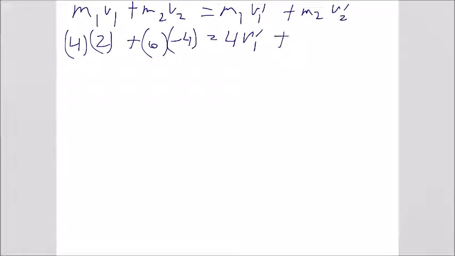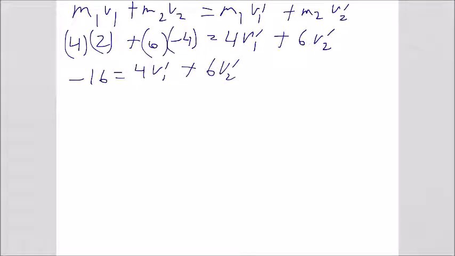The second mass was 6, and again we don't know its final velocity. So let's simplify this down a bit. 4 times 2 is going to give us 8. 6 times negative 4 is going to give us negative 24. So that's going to end up giving us negative 16 equals 4 times v1 prime plus 6 times v2 prime.